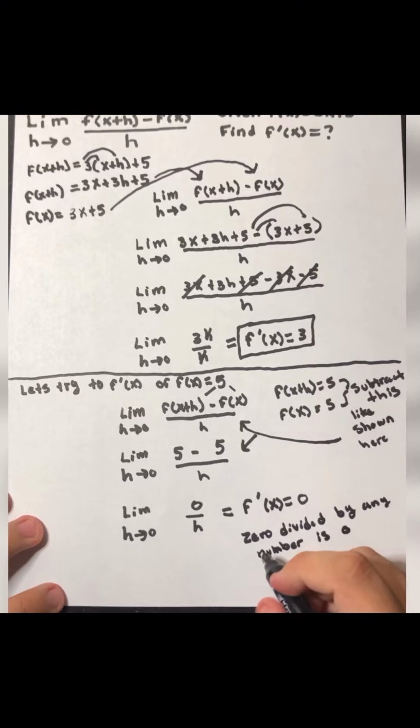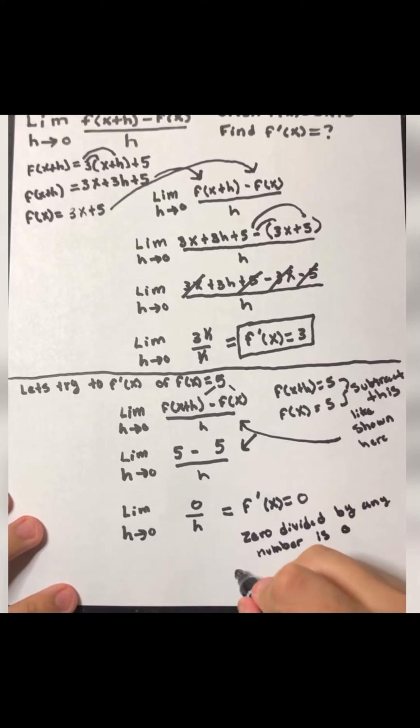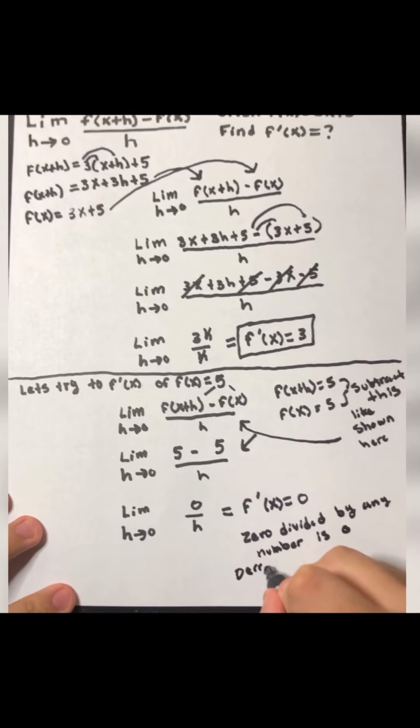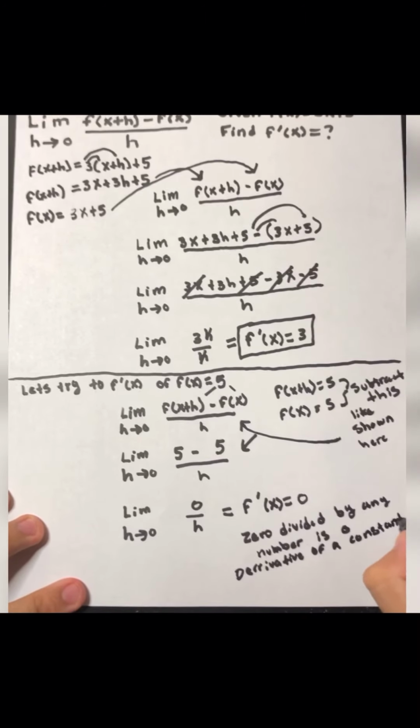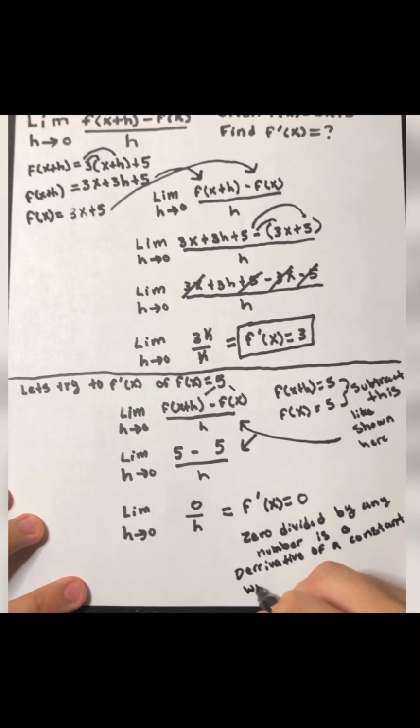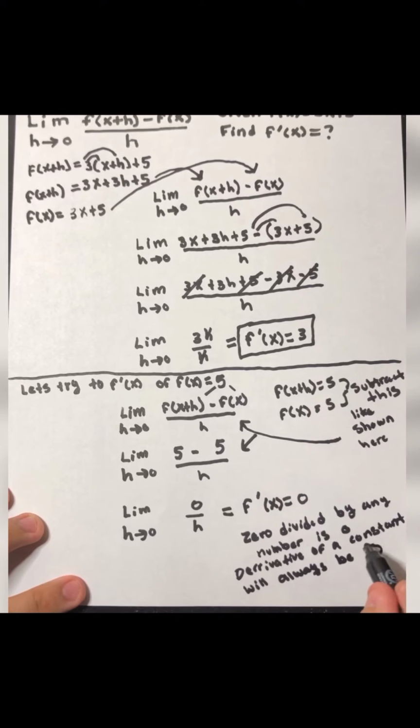So the derivative of a constant will always be 0. And that right there is the answer for this question.